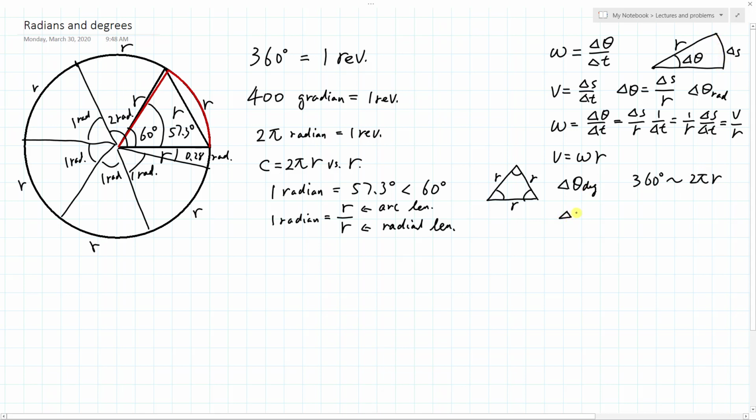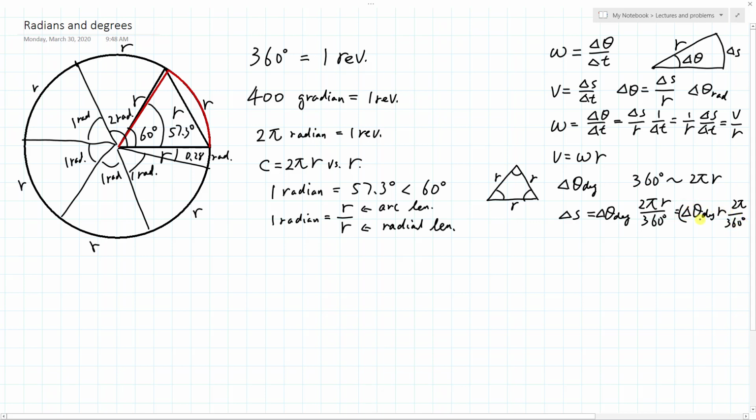So to find the arc length, you take the delta angle in degrees, multiply by 2 pi r, and divide by 360 degrees. This is the same as delta theta degrees times r, with a 2 pi over 360 degrees conversion factor.